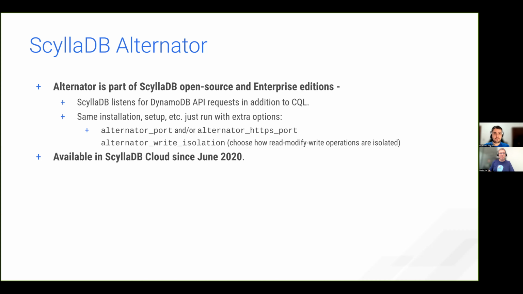You can see here, for example, you need to set which port you want to listen on. In addition to having this feature in the software that you install, you can also get it on Scylla Cloud since June 2020. Next slide, please.